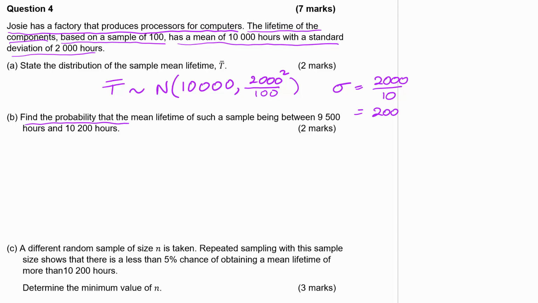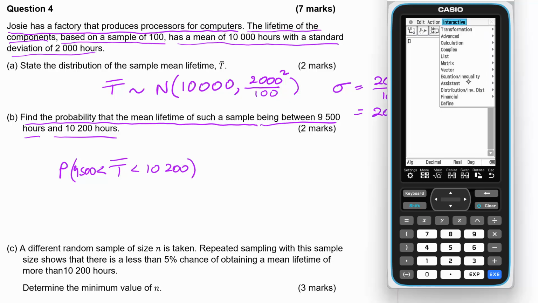Find the probability that the mean lifetime of such a sample being between 9,500 hours and 10,200 hours. So we're just after the probability of T bar being between 9,500 and 10,200. So that's just a normal CDF.